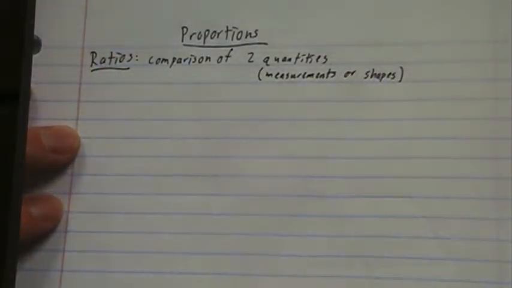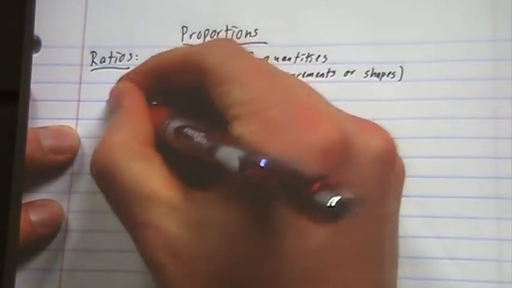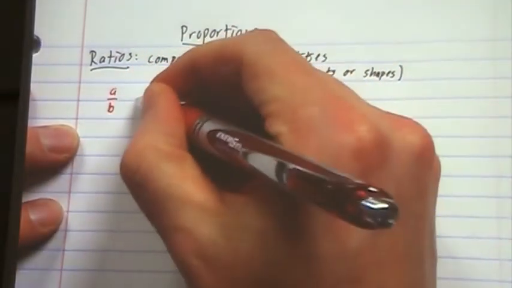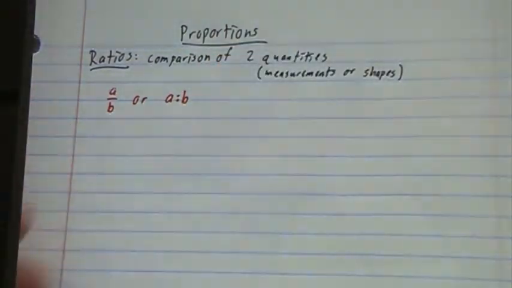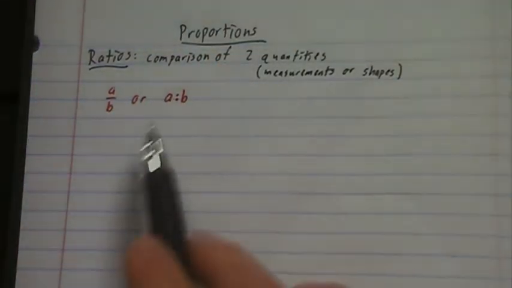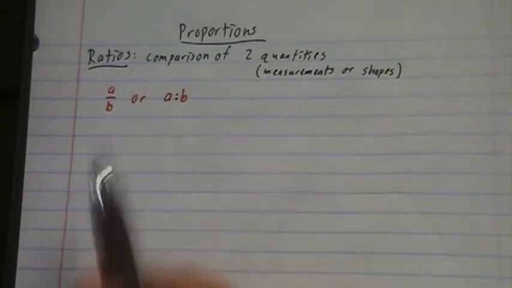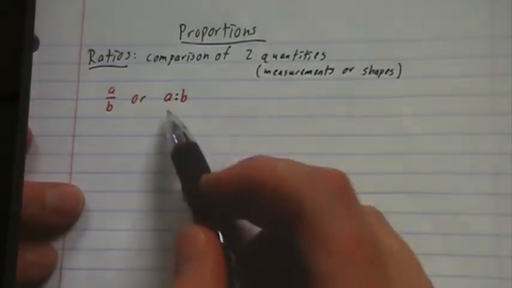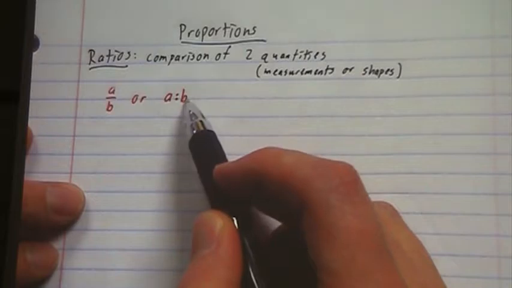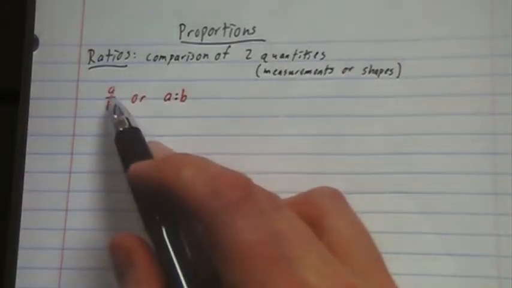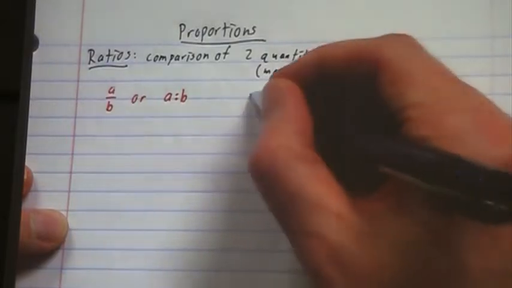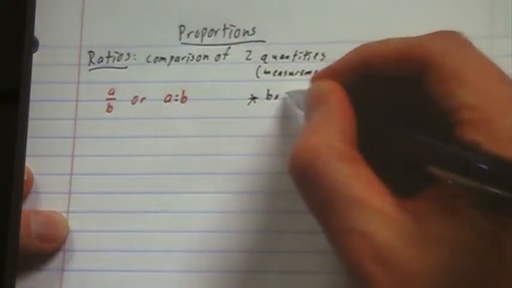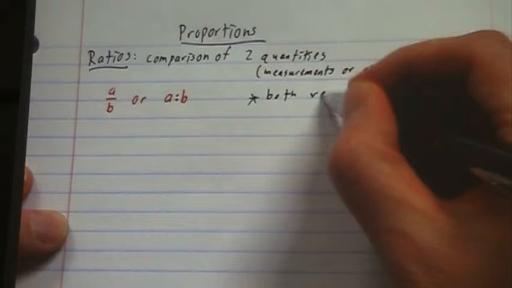You can write these as a fraction, like a over b, or you can write a:b. I want you to be aware that you can toggle between those two situations. So if you're given a ratio that looks like a:b, in your brain think, oh, that's like a fraction, a over b. And both versions can be reduced.